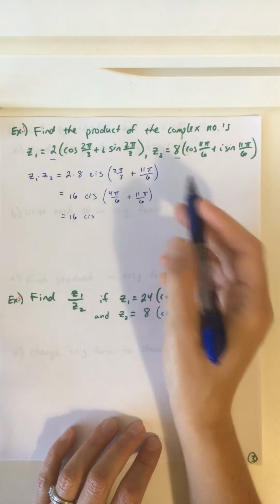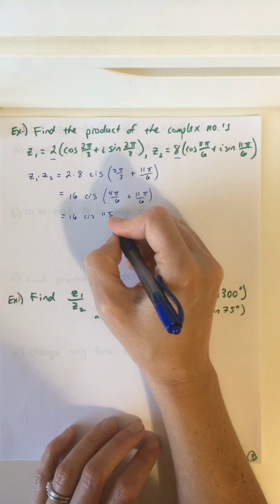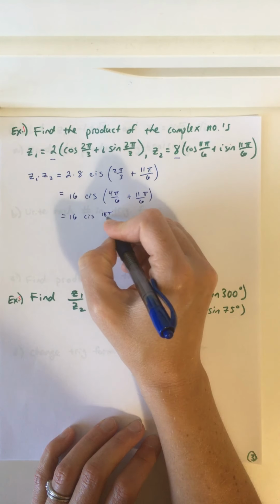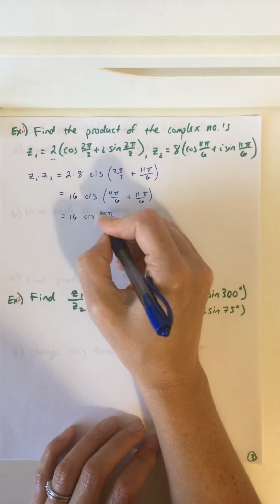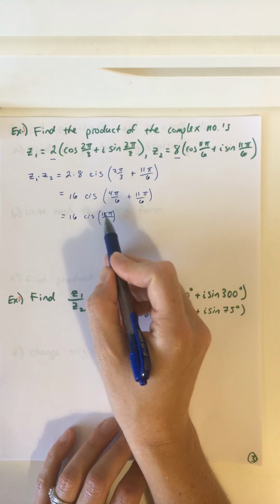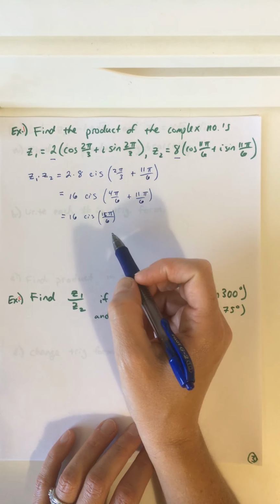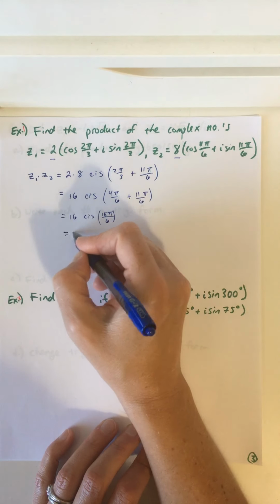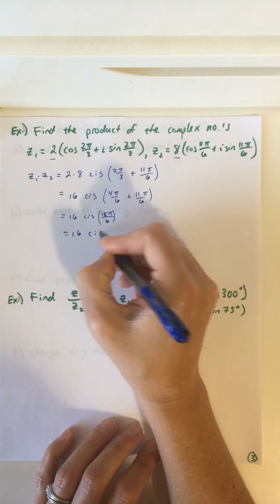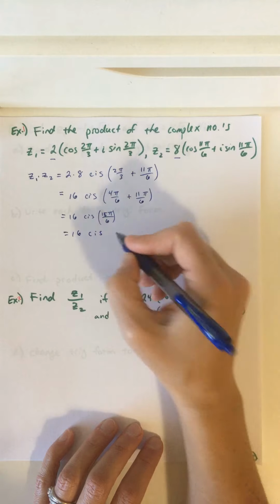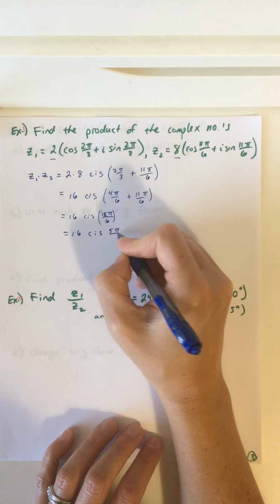So we can add now the 4 and the 11 and get 15 pi over 6. And typically you want your angle to fall between 0 and 2 pi. So we can simplify: 15 and 6 are both divisible by 3. We can make this 5 pi over 2.